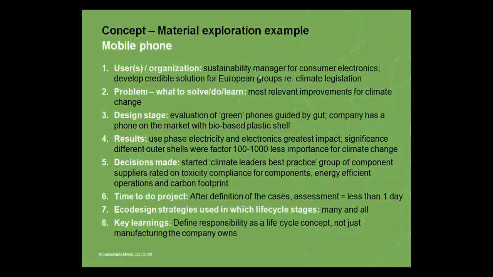So they started to look into a bio-based plastic shell. Now, the result from using sustainable mindset is that using bio-based plastic shell is a pretty good idea if you only look at the shell. But what you just saw for an example is that the use-phase electricity and electronics created the greatest impact. So they learned that other things were more important. The significance is about a factor of 100, 1,000 if you look at climate change.